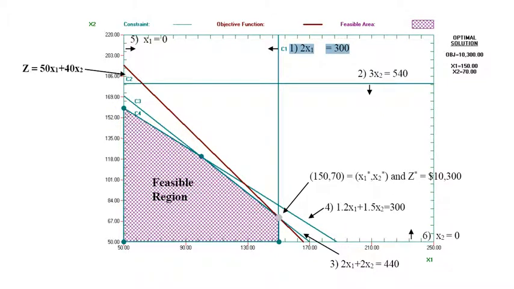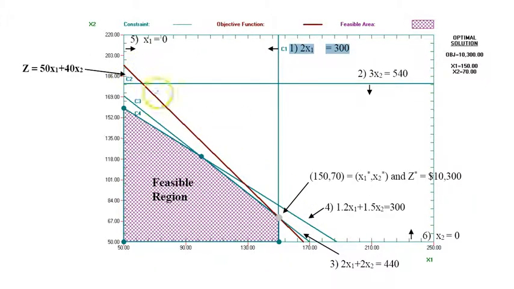That means we can find each corner point by solving the corresponding two equations and two unknowns. So you have to be able to solve two equations and two unknowns. You get all the corner points, and then you evaluate the objective function at each one of these corner points and pick the corner point that gives me the maximum value.